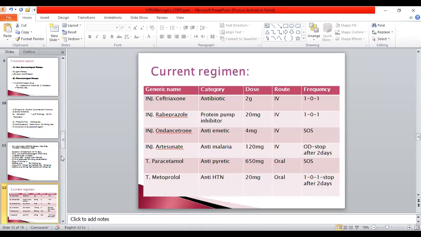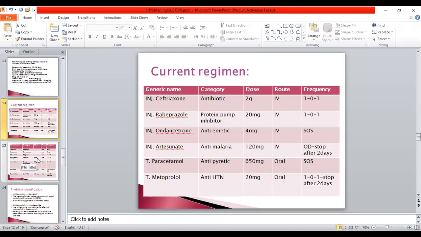Artesunate also. Why artesunate? Malaria. But without any indications? Initially they might have thought of cerebral malaria, I think. But it was stopped after 2 days of administration. What were the evidences in support of malaria here?